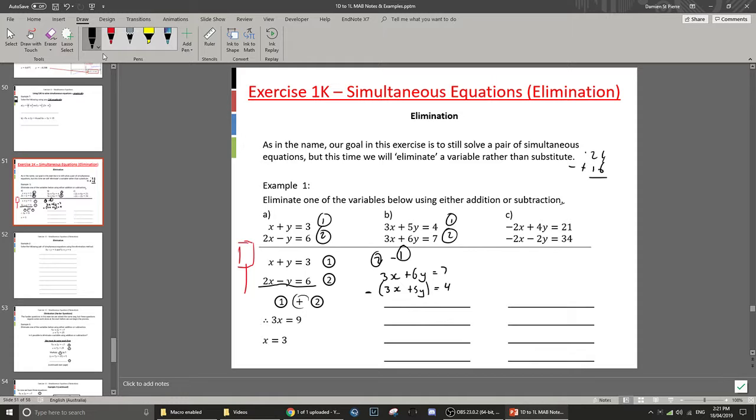So 3x take away 3x, we're going to get 0x. 6y take away 5y gives plus 1y equals 7 take away 4 is 3. So y is 3. Okay.